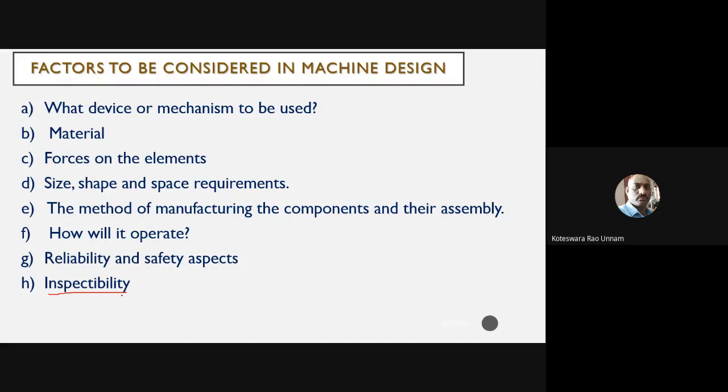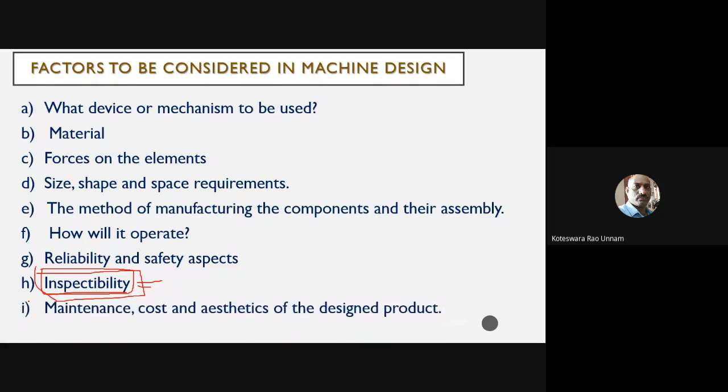In order to avoid any unwanted accidents, there should be some mechanism to inspect the machine before operating it. Is the design engineer able to provide that? He has to consider this point while designing the component itself.